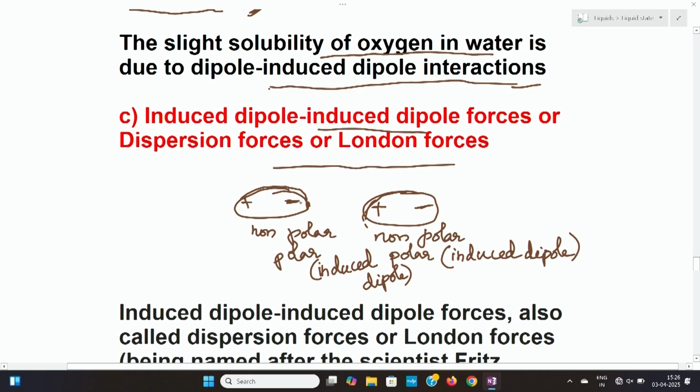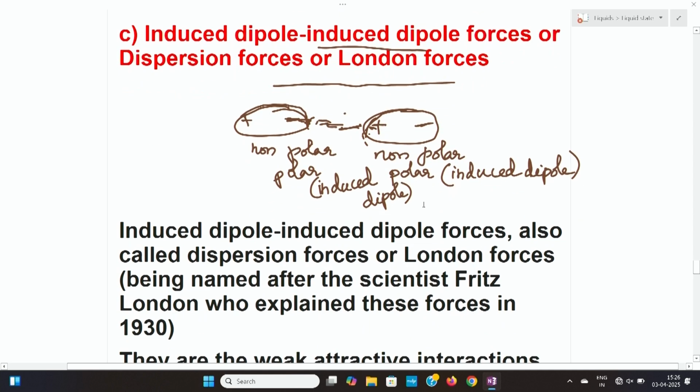Now there will be an interaction between the negative charge of this induced dipole molecule and the positive charge of the other molecule. Therefore, there will be an interaction between these two nonpolar molecules. I hope you understood. These induced dipole forces are between two nonpolar molecules.